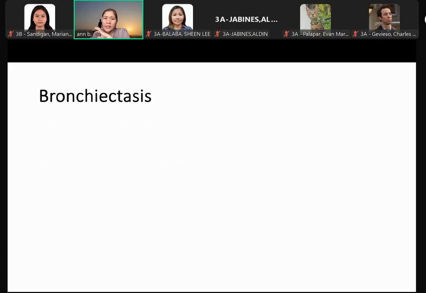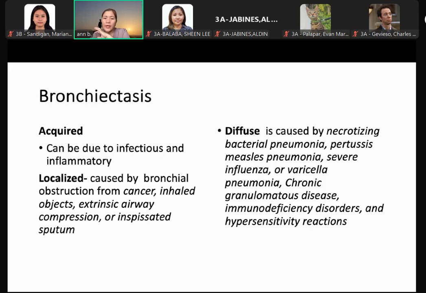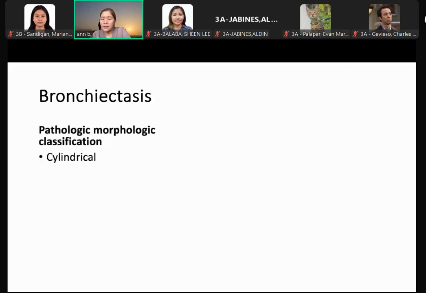When you say acquired, as I have said, this is more common in our locality due to infection. It is usually localized, from a bronchial obstruction from cancer or an inhaled object, or extrinsic airway compression. If you say diffuse, it is mostly from infection. The others are just nice to know.